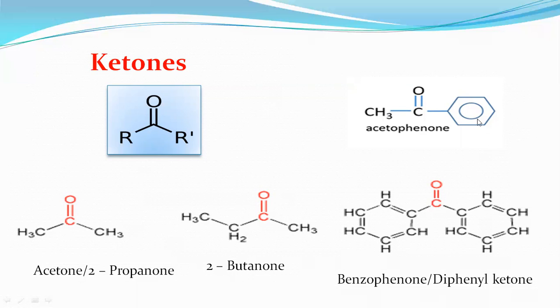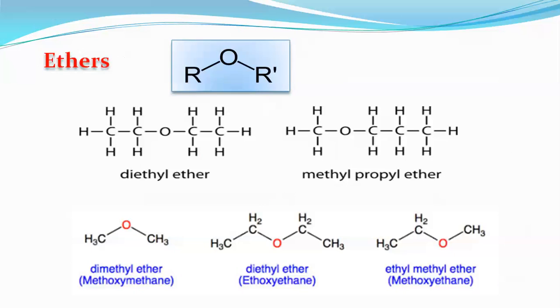If both are aromatic rings, this is an example of a diphenyl ketone, or what we can say benzophenone. Benzophenone means both R groups are aromatic rings. So these ketones contain the functional group R C double bond O R dash. The carbonyl group is called the ketonic carbonyl group. For ethers, ROR dash.